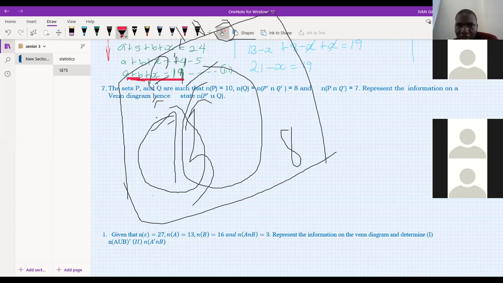What are you putting outside there? We did not understand what you're putting around here. I'm trying to put 10. Okay, yeah, I can see P equals 10.